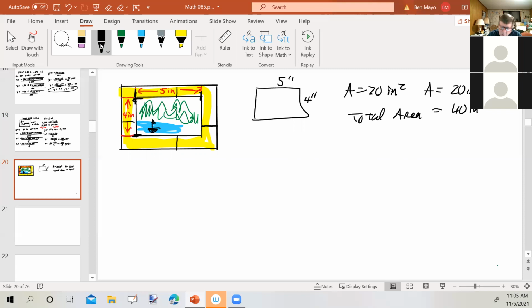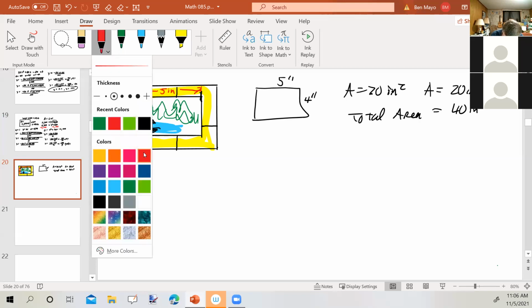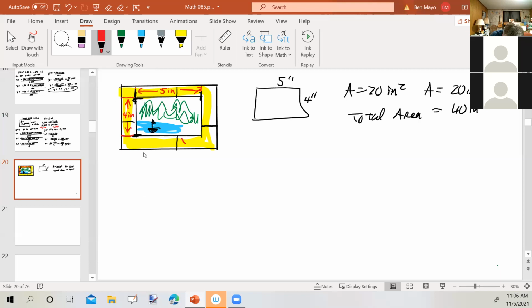Now, we know that the matting has uniform width. So let's call this distance x and this distance x, okay? So that uniform width we're going to call x, all right? Now consider this.